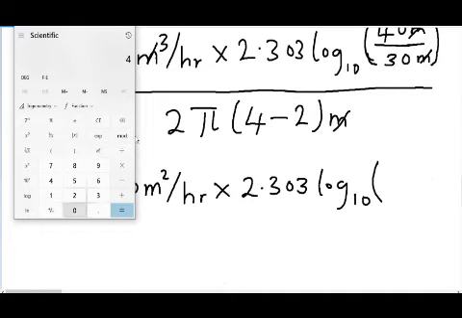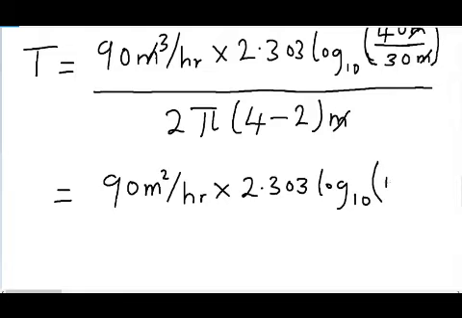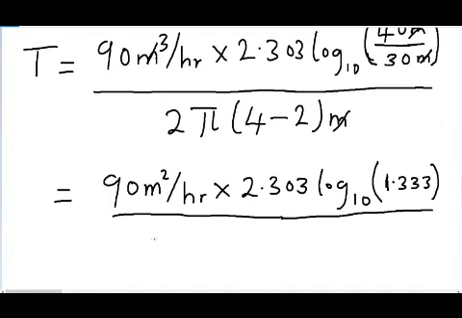If we divide 40 by 30, we have 1.333, a recurring decimal, over 2 times 3.142. Remember that pi is equal to 3.142.